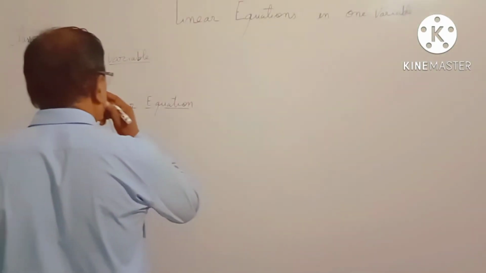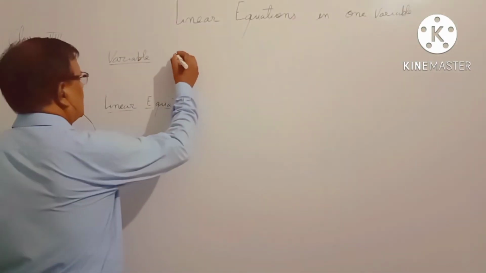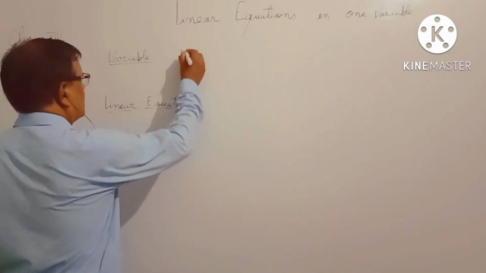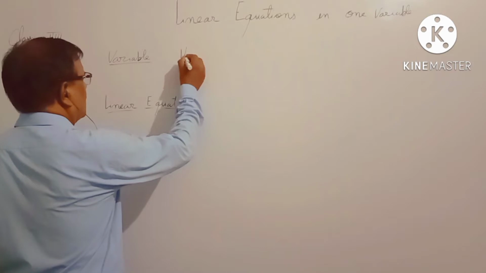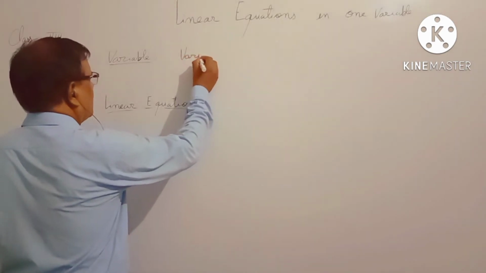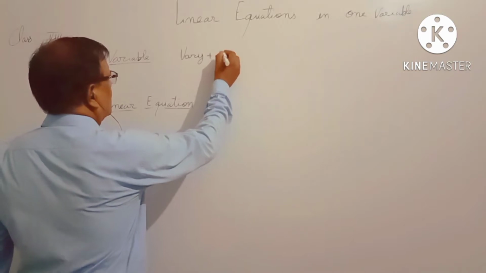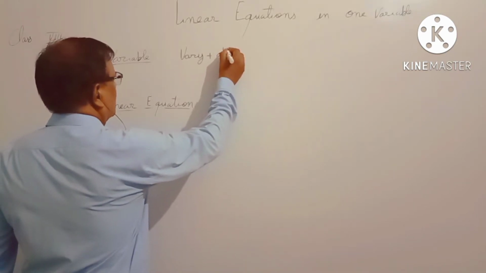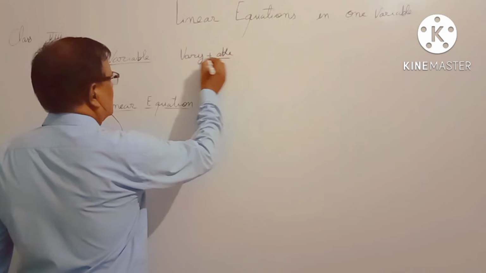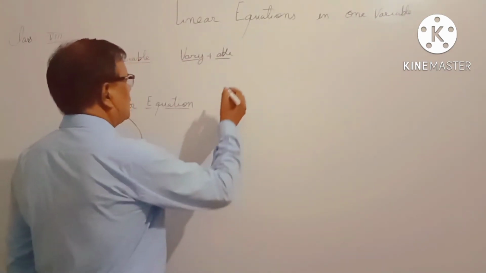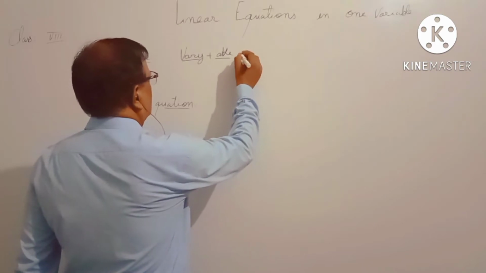And we say variable means its ability is varying, able to vary. It means its value is varying. So we call it variable.